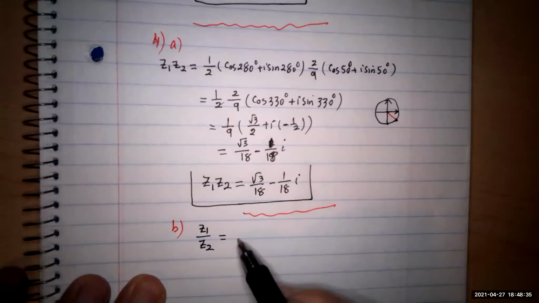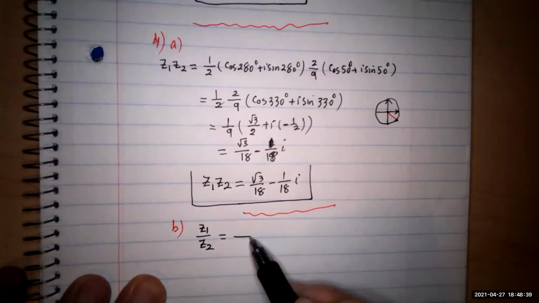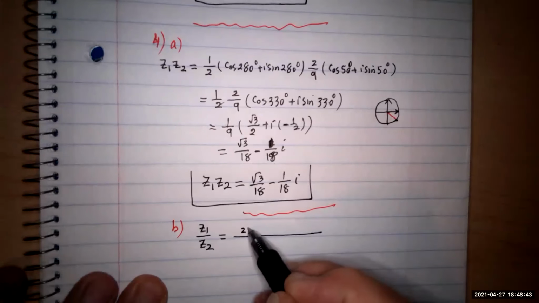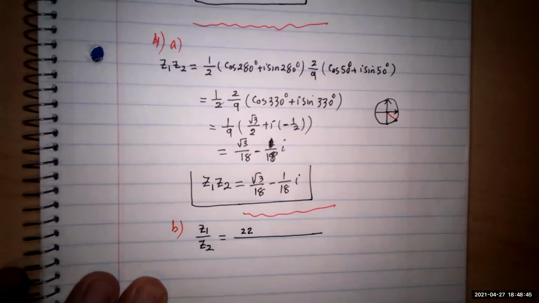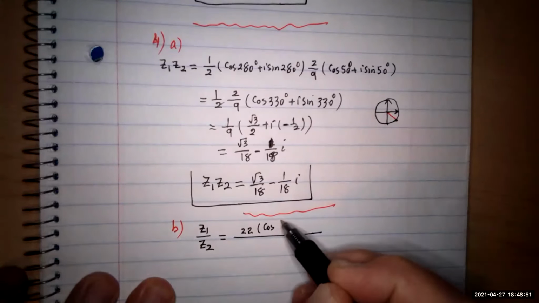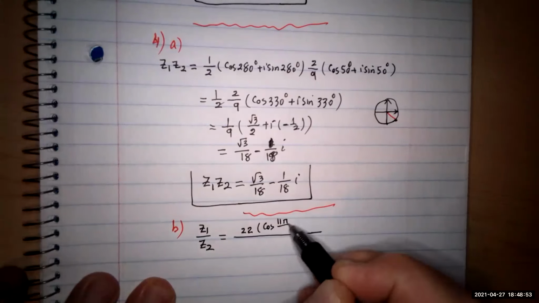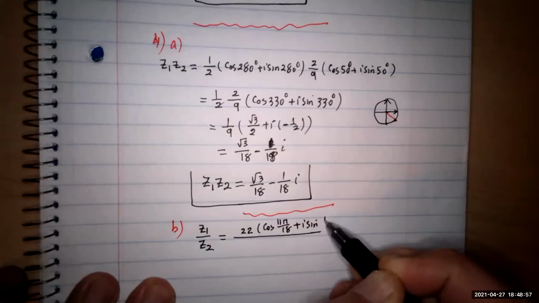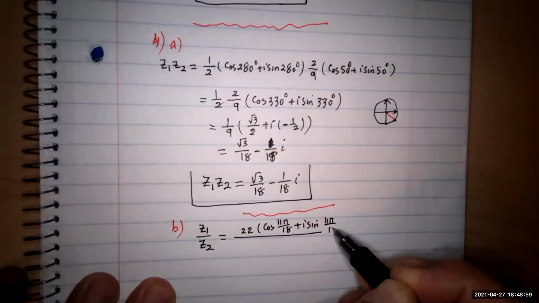It is going to be equal to your Z1 over, on the top is 22 CIS of 11 pi over 18. You can write it down in the CIS form if you like. It's cosine of 11 pi over 18 plus i sine of 11 pi over 18.